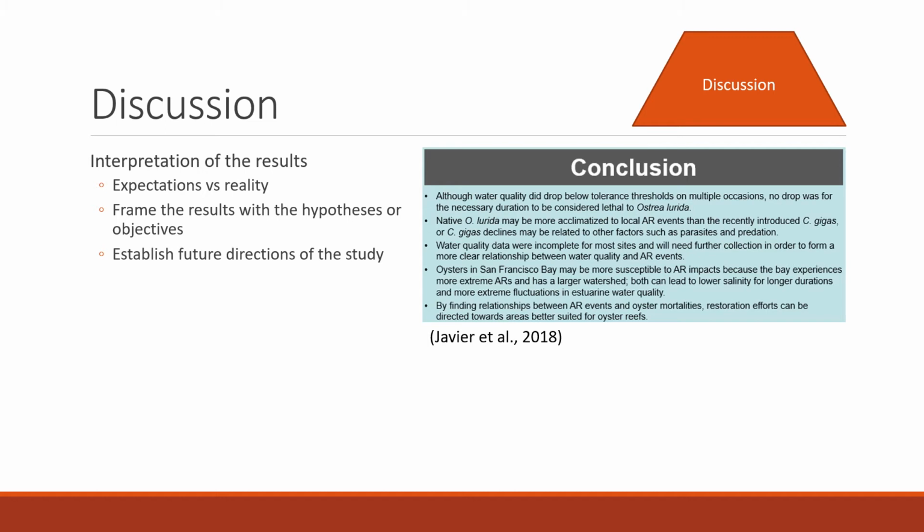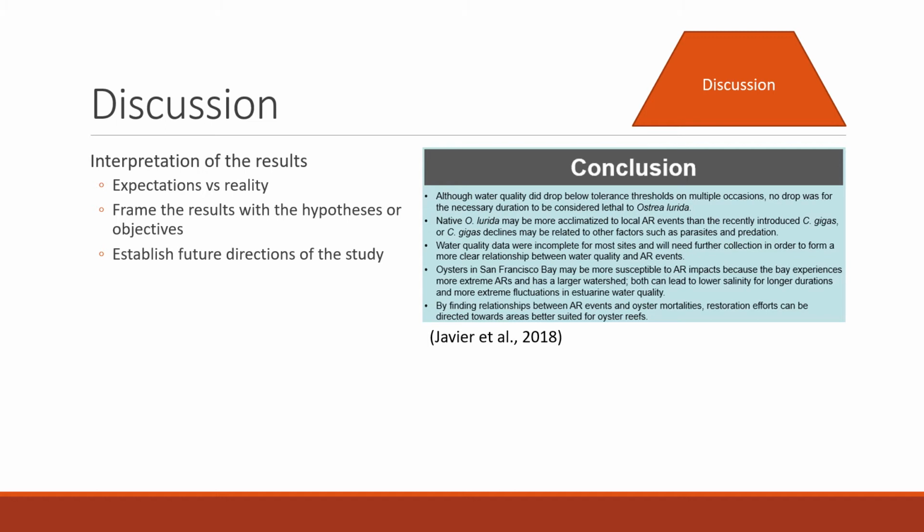This is also a section where you may indicate where you think things may have gone wrong. Although nobody likes to present bad data, you still need to reflect on your own experiment. And in fact, you can use that to establish the future directions of your study.